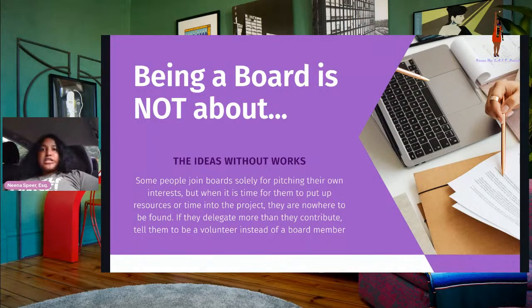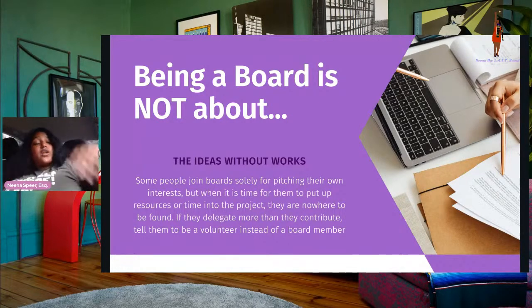And part of its projects, tasks, and goals is doing stuff that you suggest or that we suggest. And if we come together as a board on an event or an idea, it's still your responsibility to do the work. You can't delegate. Delegating stuff is what gets people in trouble.